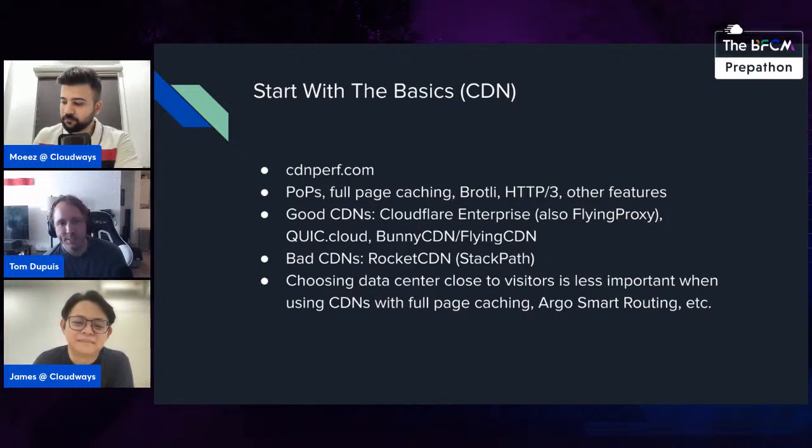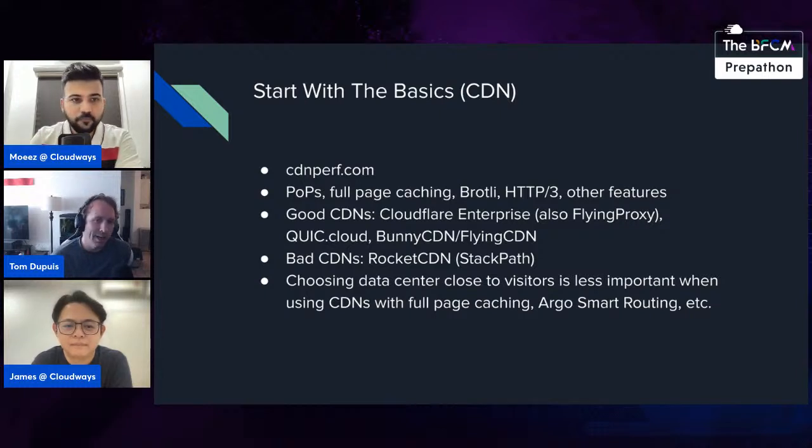QUIC.cloud for LiteSpeed or Bunny CDN. If you're using Bunny, Flying CDN integrates Bunny CDN with the image optimizer and the geo replication. So basically, if you're using that, use Flying CDN instead. And one of the reasons I don't like Rocket CDN is because it's only a CDN.